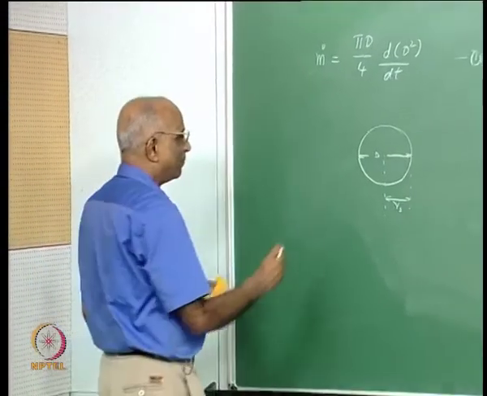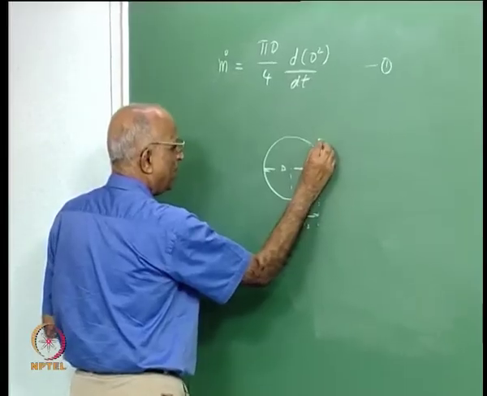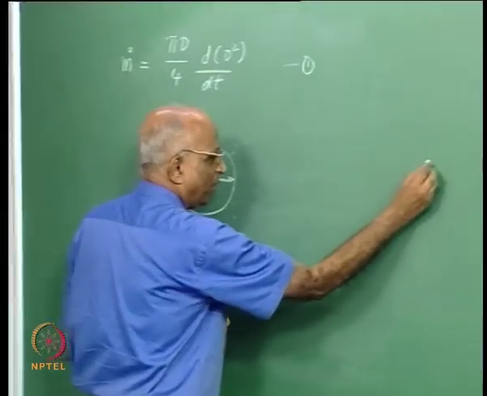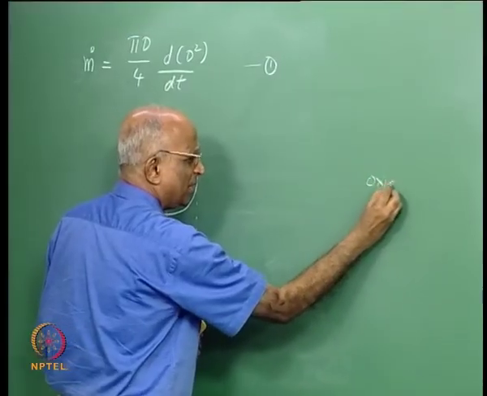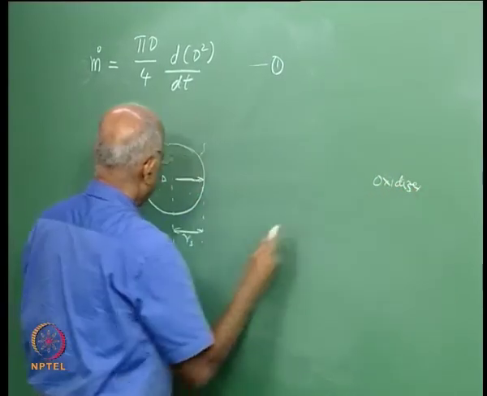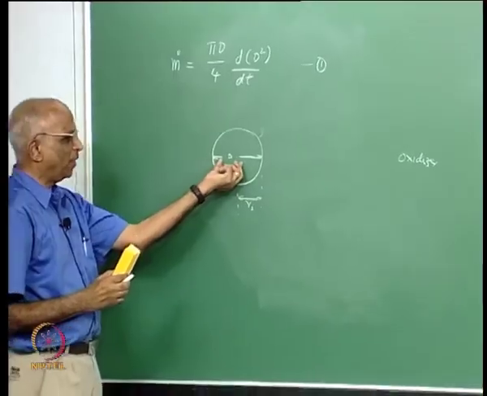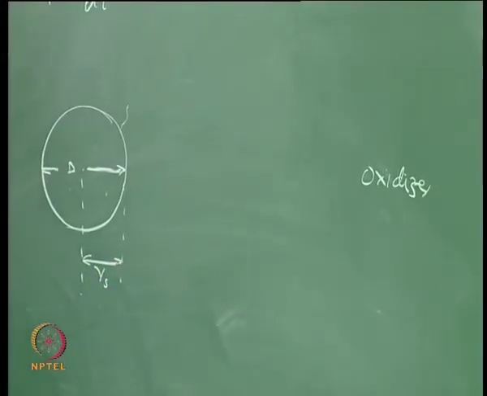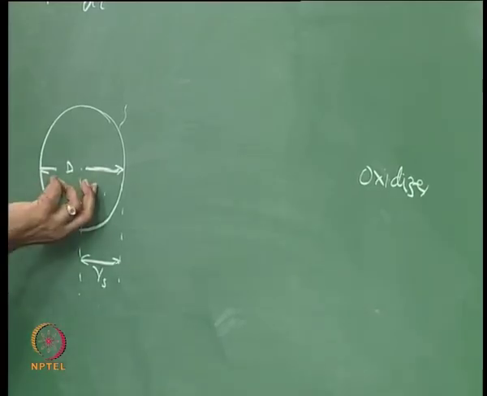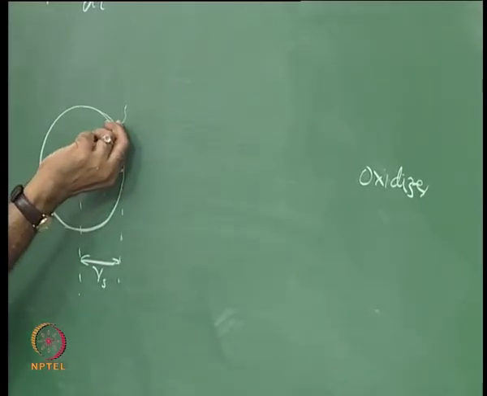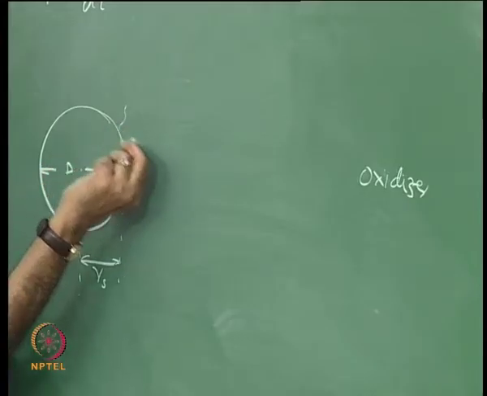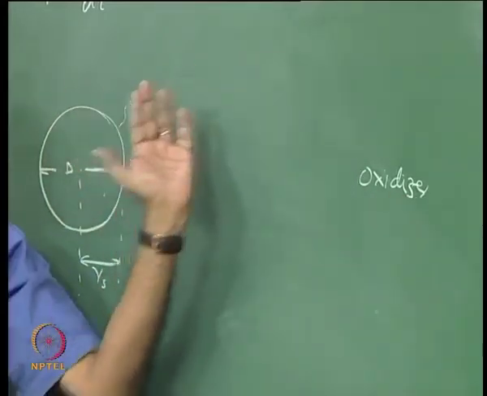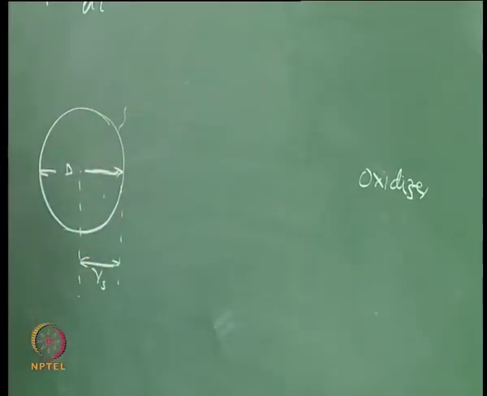At the surface of the droplet, maybe I have a high concentration of the fuel. Far from the droplet, I have only oxidizer, because I am considering the evaporation of a droplet in an oxidizing medium. Let us say I have a diesel droplet in air. Why should the diesel droplet evaporate? I have a higher concentration of diesel here, and a very low concentration far away. Because of the concentration gradient, I have the fuel migrating.